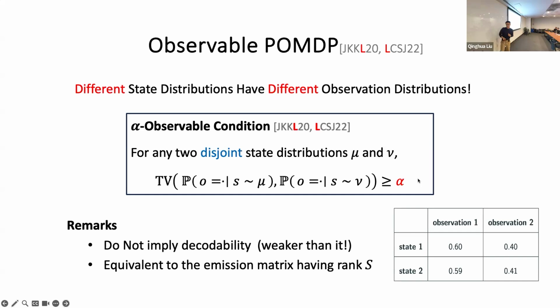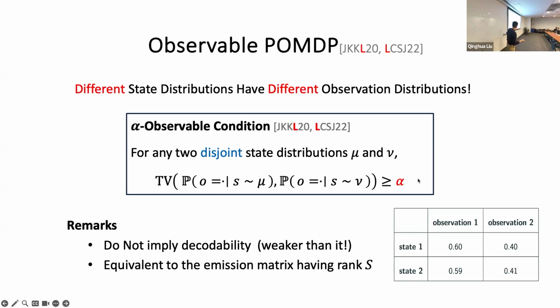So several quick remarks here. First, this assumption does not imply decodability. So it does not imply you can decode your underlying hidden state from your observations. One naive example is here. We have two states, two observations, and an emission matrix like this.